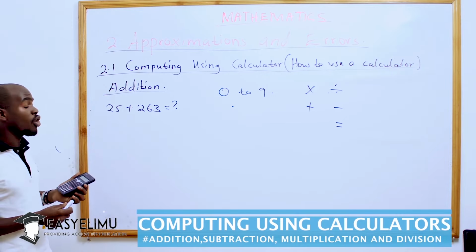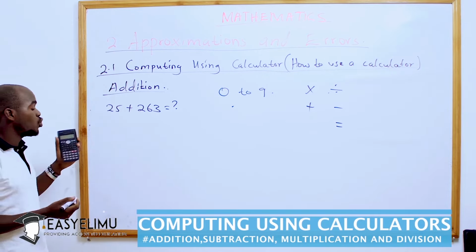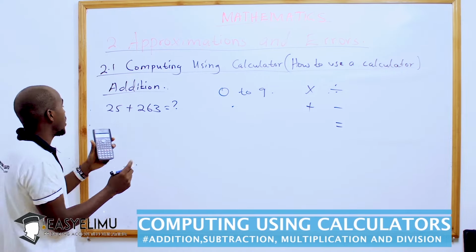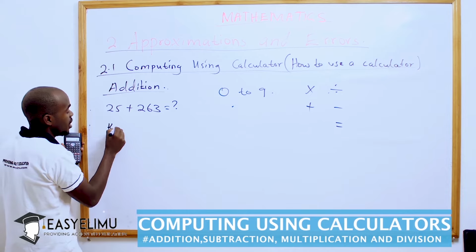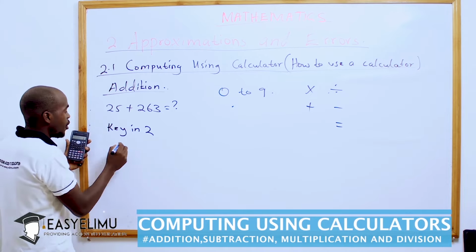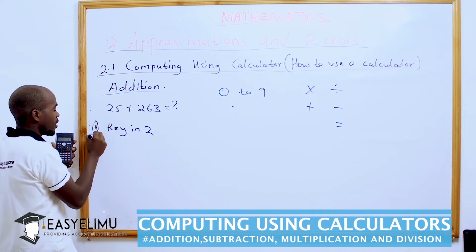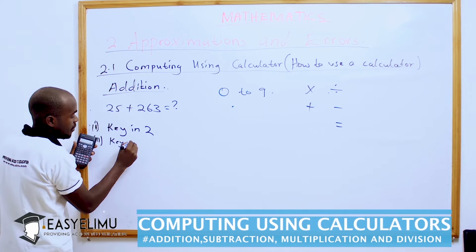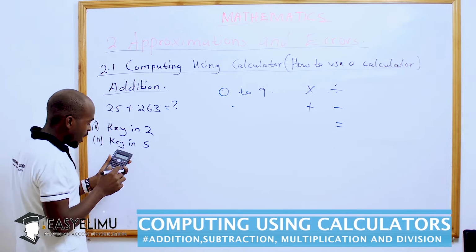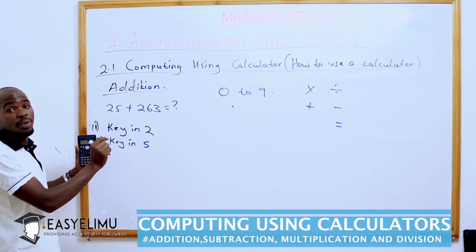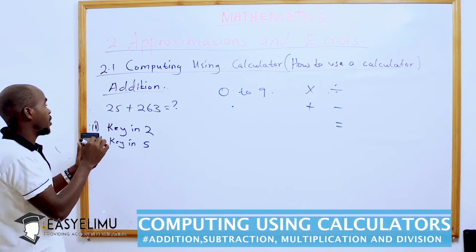But for this sum, we shall start with the addition. We key in, or press, the key of number 2, which we can identify here. So you key in 2, step 1. Step 2, you key in 5, and you will find it displays them on the upper part, and that is 25.